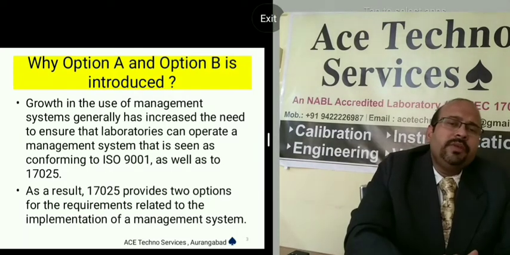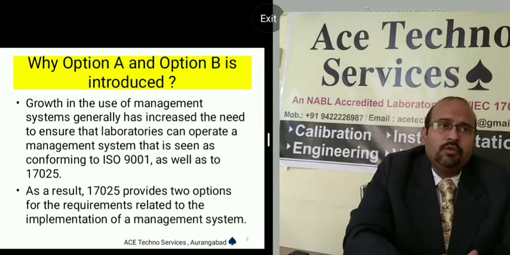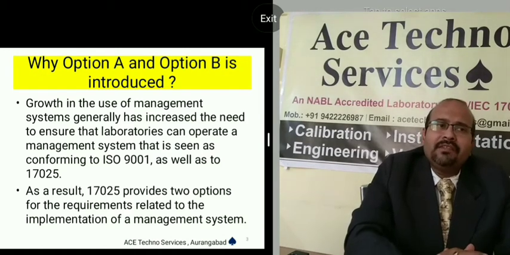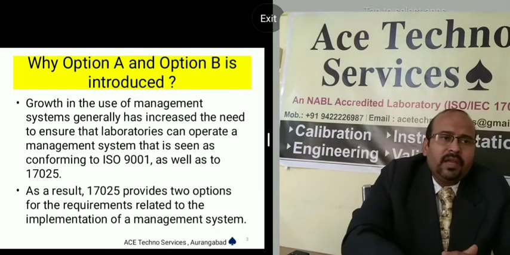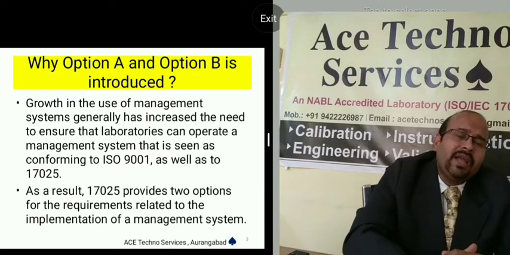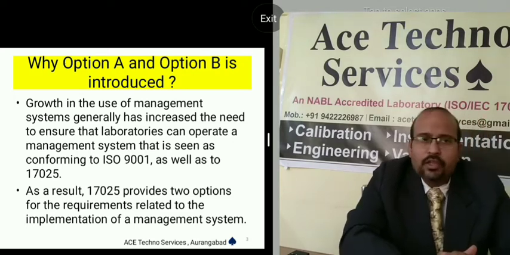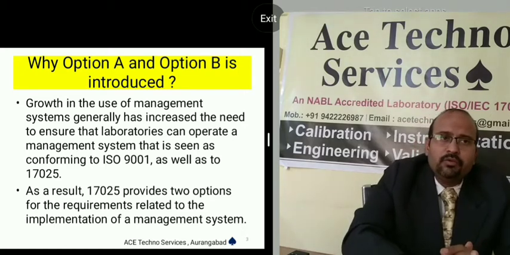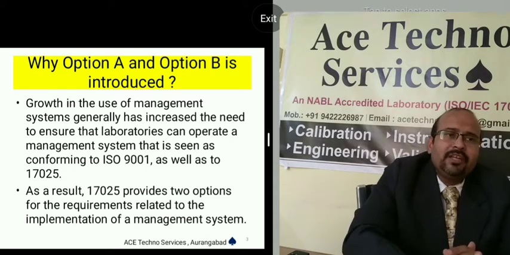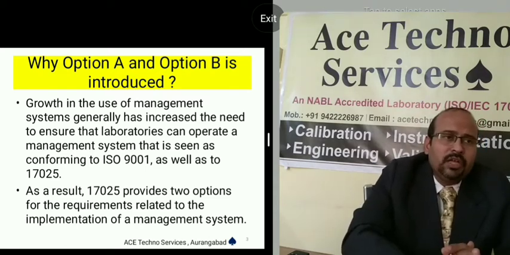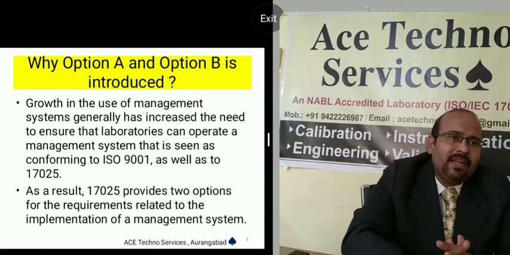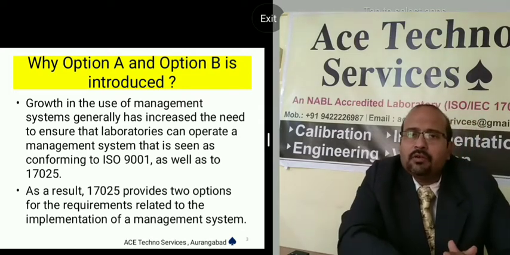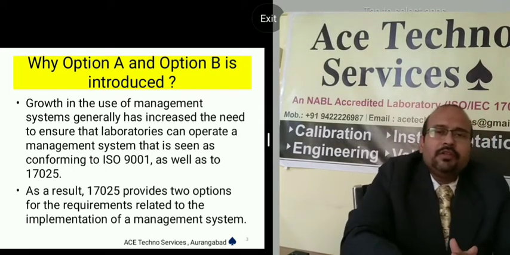Why were option A and option B introduced? The use of management systems generally has increased, and there is a need to ensure laboratories can operate a management system that is seen as conforming to ISO 9001 as well as to 17025.